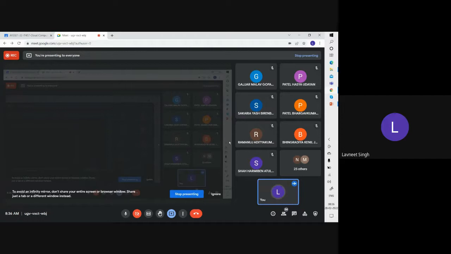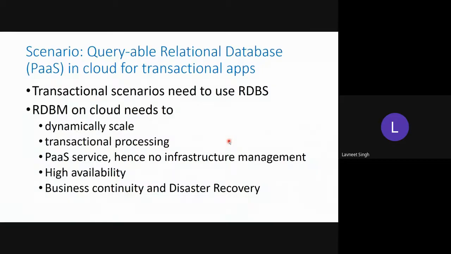How would you create an RDBMS database in the cloud with what you know already? Okay, try to find the answer and let me know if you have it. If you don't respond, I'll just continue to move in my slides.